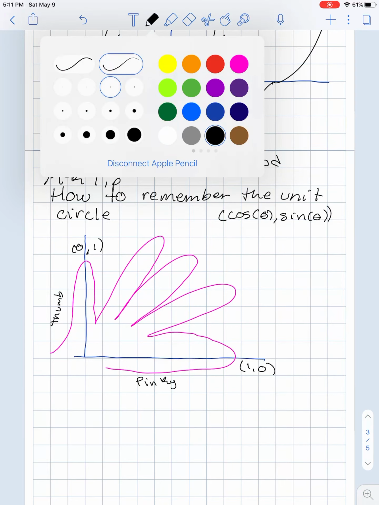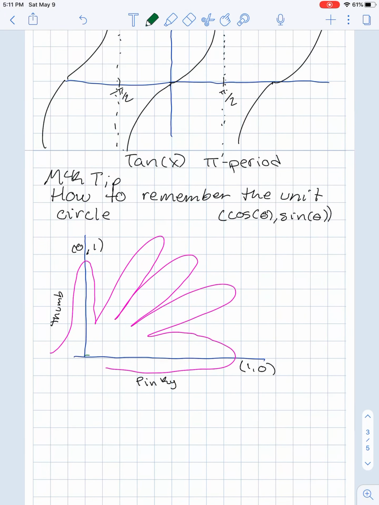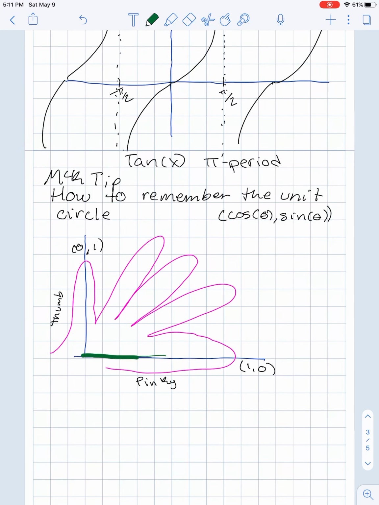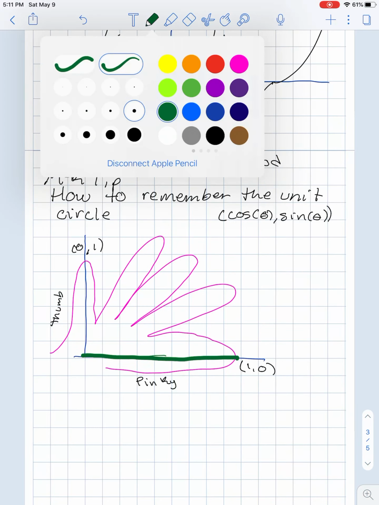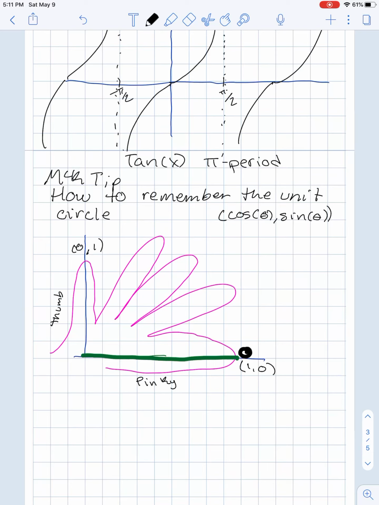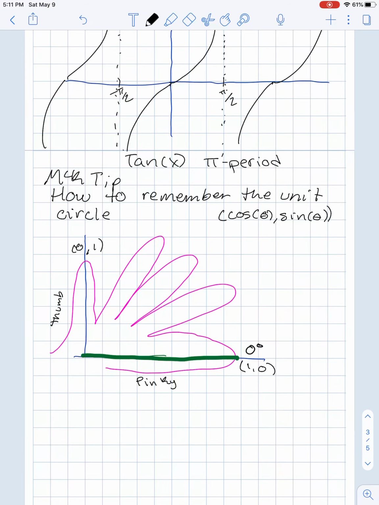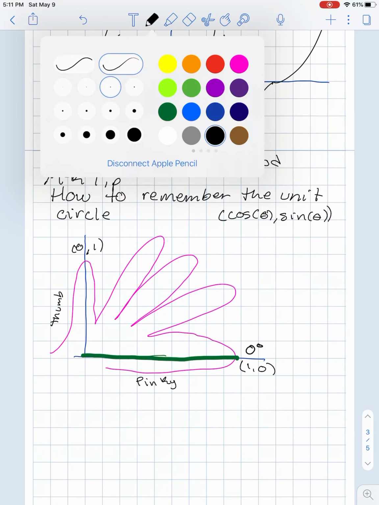So that means that this angle right here, let's do a little bigger, is zero degrees, right?